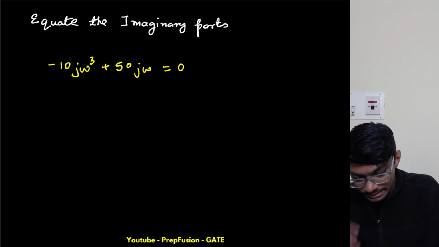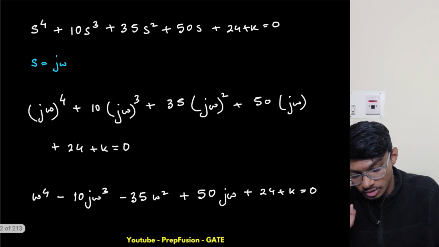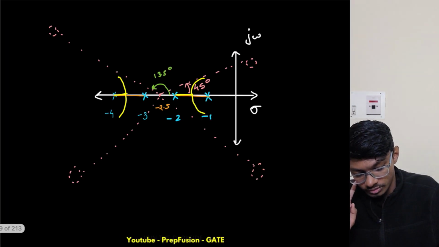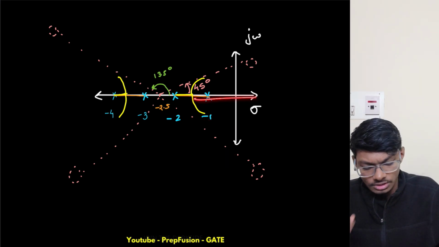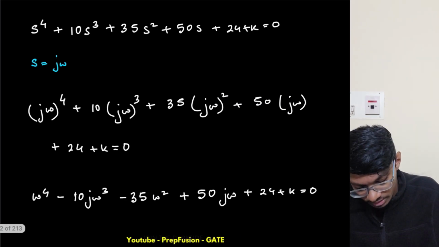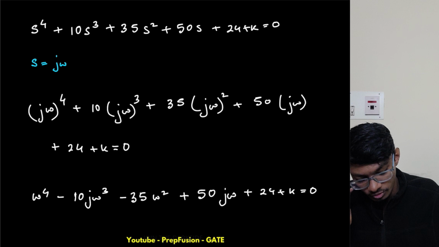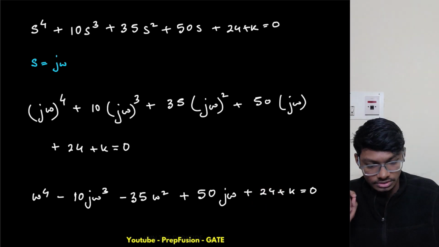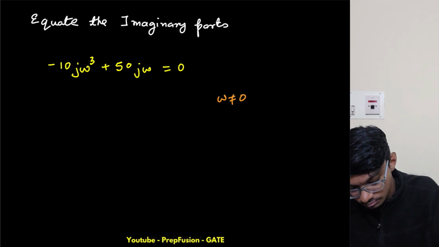So omega equals to 0 is not a solution. Why? Because we know we will have 2 crossover points that we got from here. Even if you put omega equals to 0, you will get k equals minus 24, which is not possible. So omega equals 0 is not a solution.